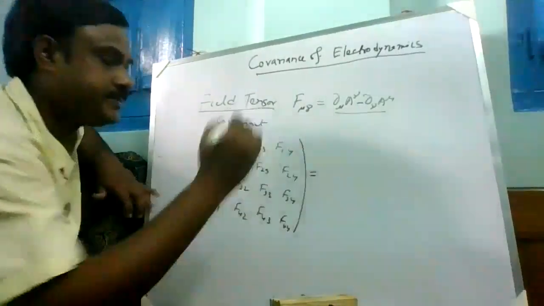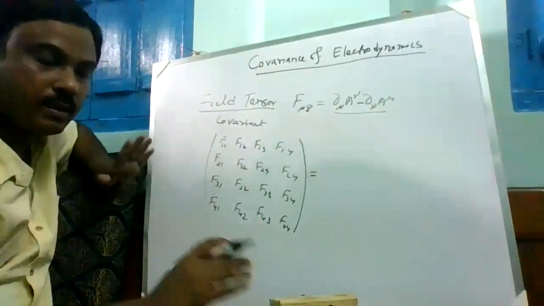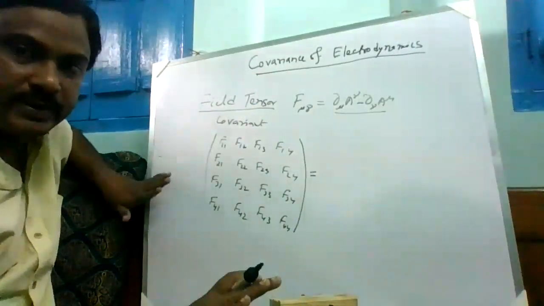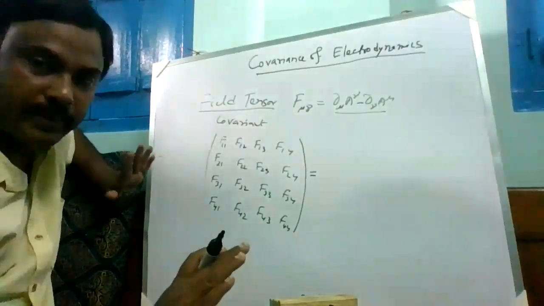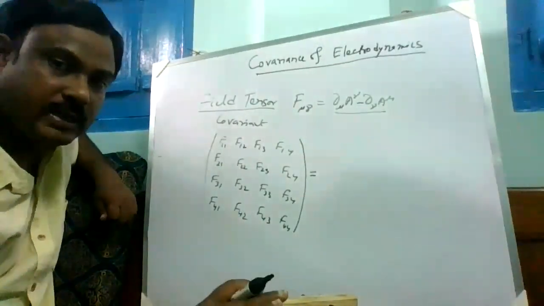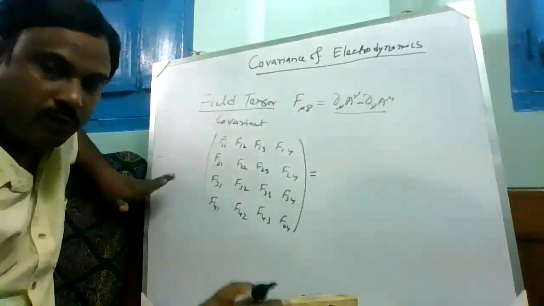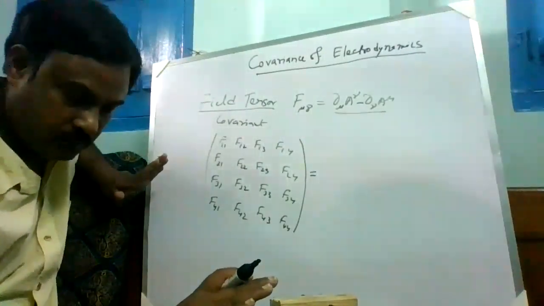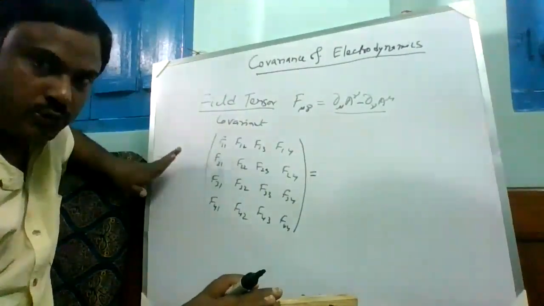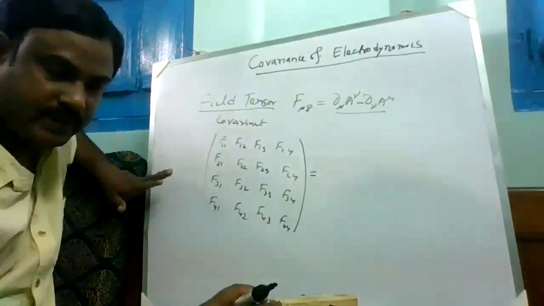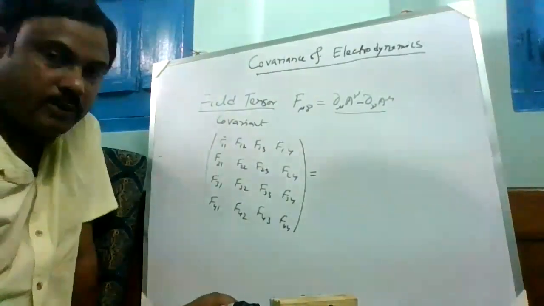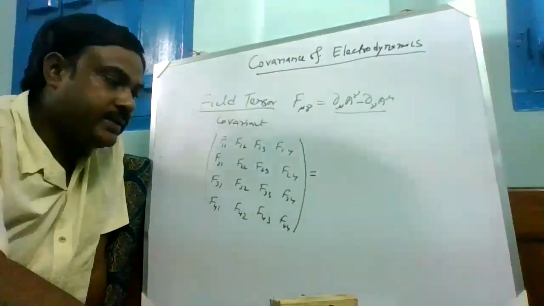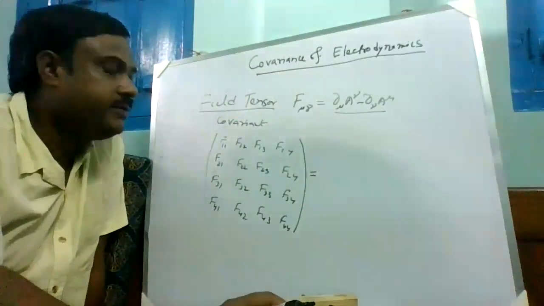Now we can write this in terms of the electric field and magnetic field. The electric field and magnetic field are basically expressed as components of a covariant tensor of rank 2. This tensor is called the field tensor because its components are basically the electric field and magnetic field that we define.